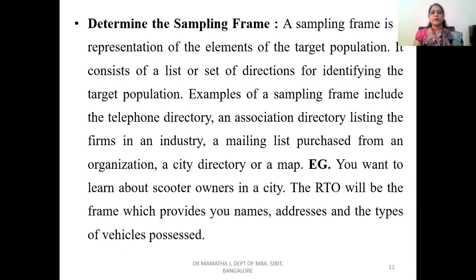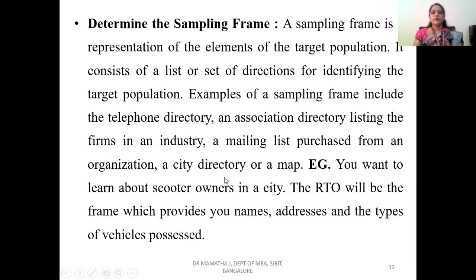Then determining the sampling frame. As I told you, sampling frame is nothing but the list of sources. Maybe a telephone directory or anything for that matter, you can use it as a sampling frame. For example, here you want to learn about the scooter owners in a city.